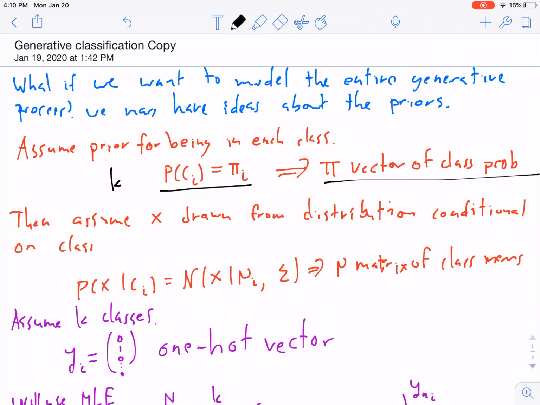And then after we pick what class this data point is going to be in, we'll draw x from some multivariate normal distribution. And the multivariate normal distribution will have mean mu sub i. So based on its class, it'll have a different mean. And regardless of what class it's in, that multivariate normal will have covariance matrix sigma, for now, just as a little bit of a simplifying assumption.